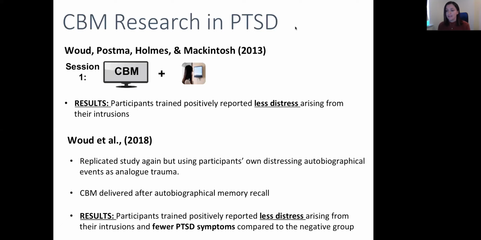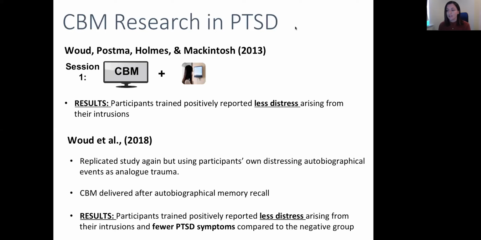Participants were asked to complete a 7-day intrusion diary in relation to the distressing event which they'd recalled, and to bring that back to the lab after 1 week to complete session 2. At session 2, they completed several follow-up measures, including PTSD symptoms that were measured again. And the results from the intrusion diary showed that there was no significant difference in intrusion frequency between the training groups.